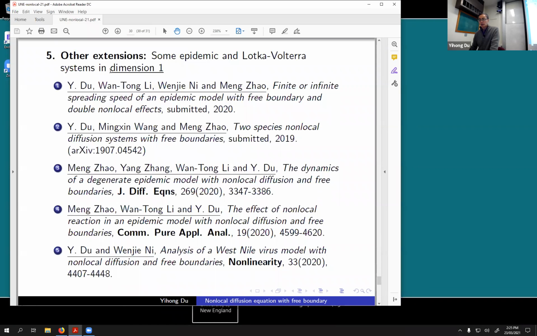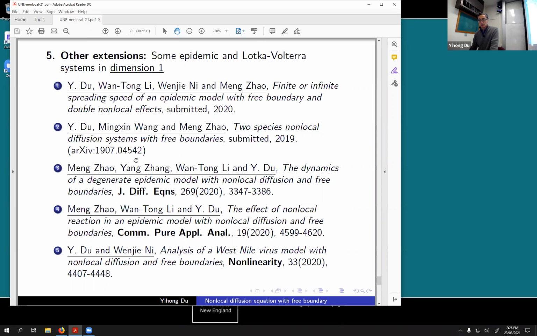Some other extensions are to systems in dimension 1. We had some papers; I didn't mention everything. I think we have some recent ones. I have another recent paper with the team, submitted but not listed here yet. These are mostly joint work with visitors.